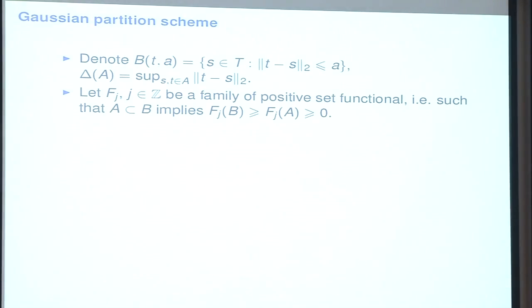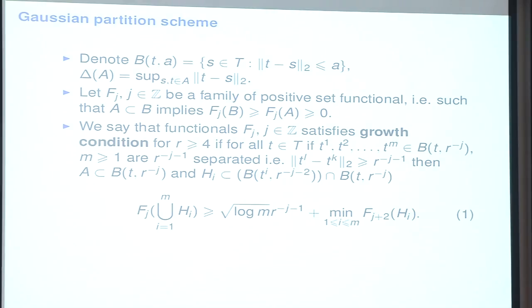So the whole idea is based on the partition scheme, and the partition scheme, as Jelani Nelson stated in the morning, is pretty smart, pretty simple, pretty elegant for the Gaussian case, and it goes like that.